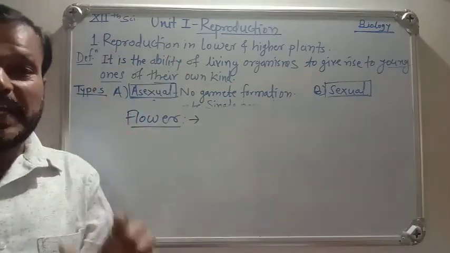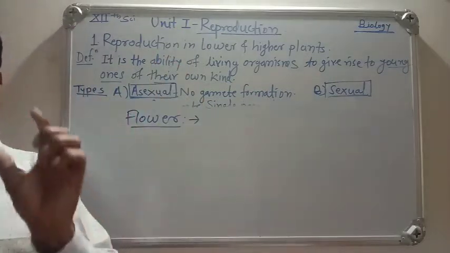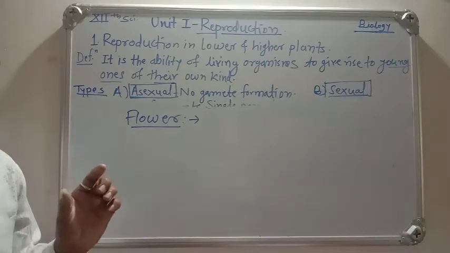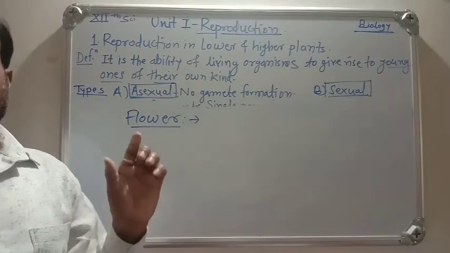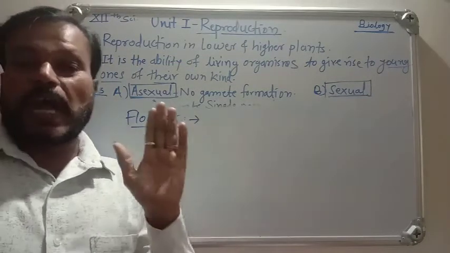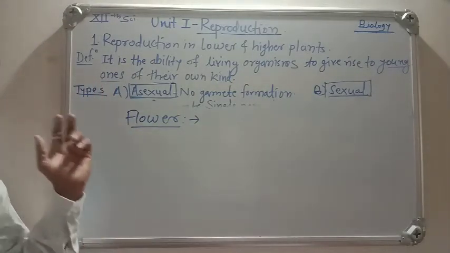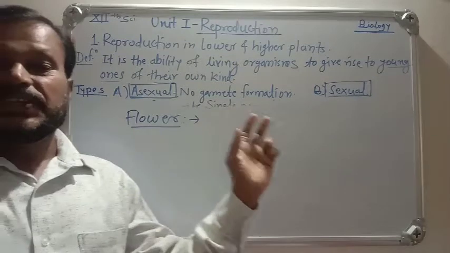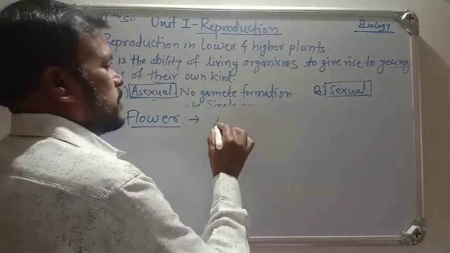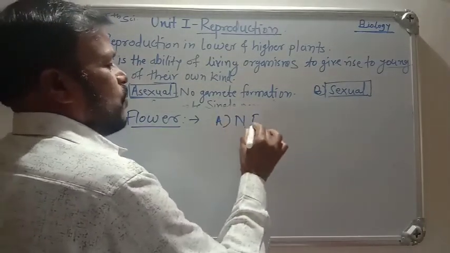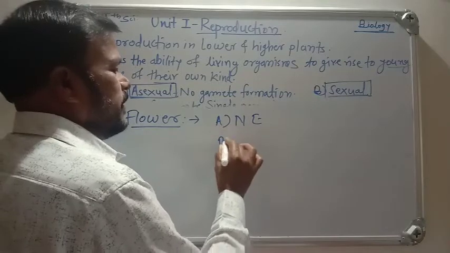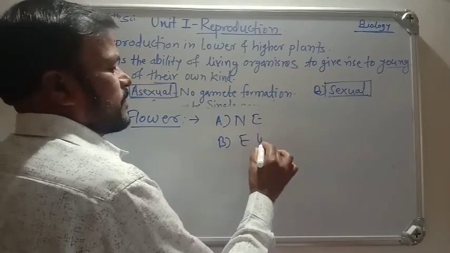A flower is a highly modified shoot meant for sexual reproduction. In a flower there are two main whorls or groups: the non-essential whorls and the essential whorls.